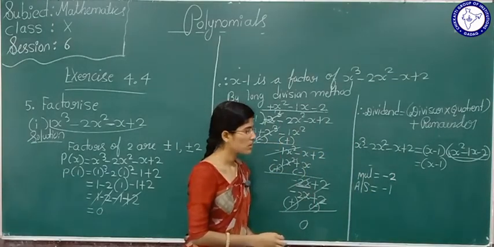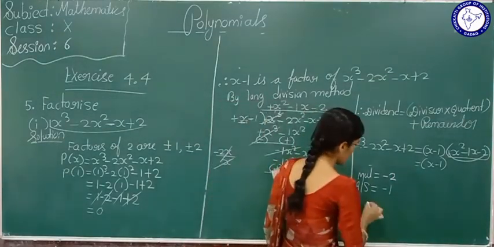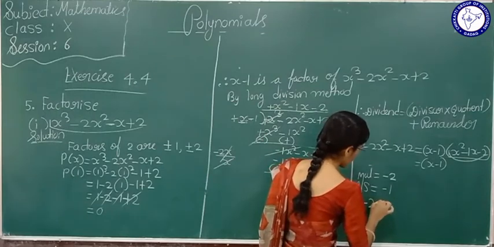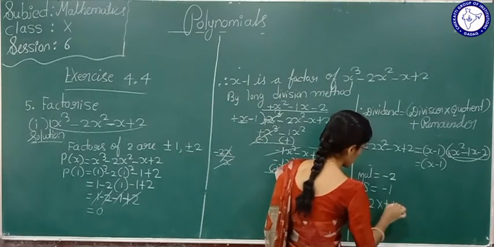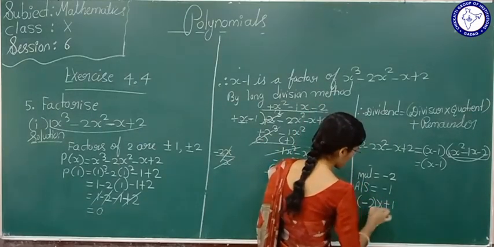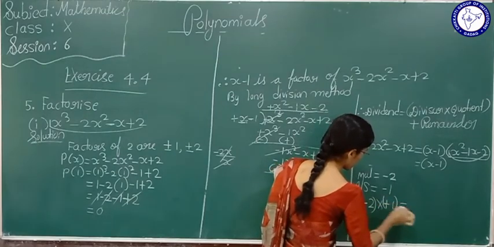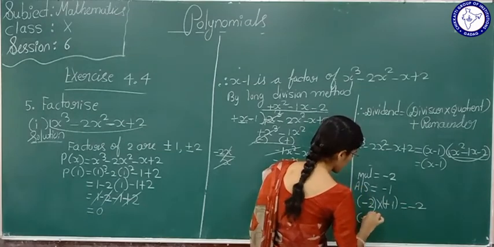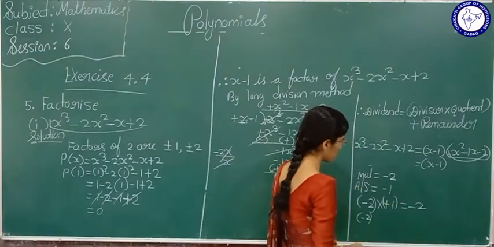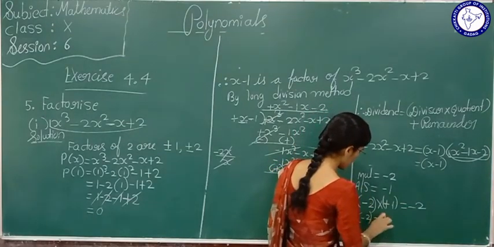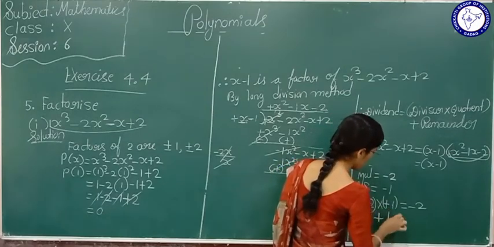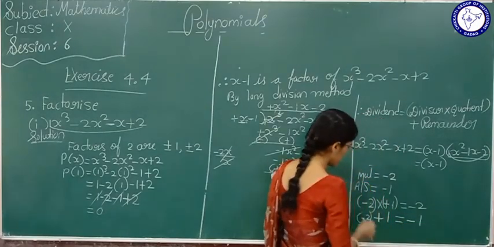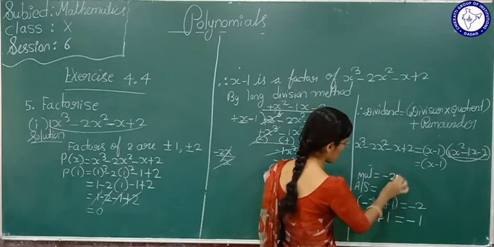So what are the two numbers? Minus 2 multiplied by plus 1. Minus 2 times 1 is minus 2, and minus 2 plus 1 is minus 1. These satisfy the two conditions.